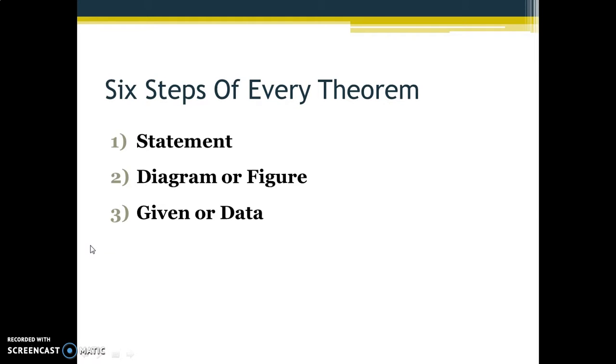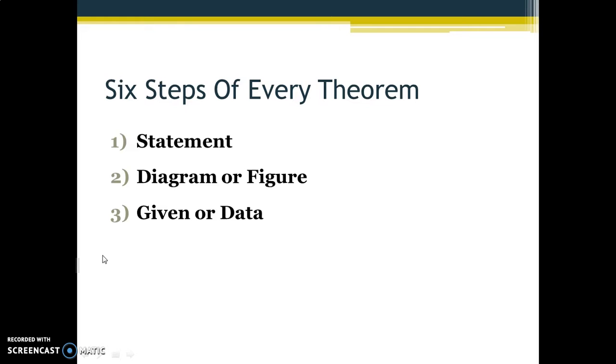So the part with if is your hypothesis and the part with then is your conclusion. Given or data is basically a part of your hypothesis. Whatever is given to you, whatever information you get from your diagram or figure, you will write down in your given or data. So this is information which you already know about the figure, and that is your hypothesis as well.